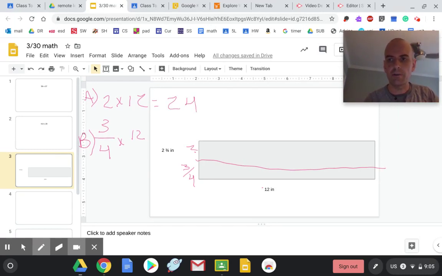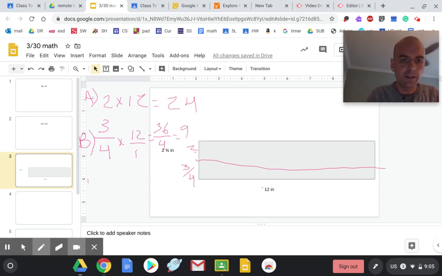3/4 times 12. Now, you have to remember there's two ways to do this, okay? One way is you can do 3/4 times 12 over 1. That would be 36/4. And then 4 goes into 36. 4, 8, 12, 16, 20, 24, 28, 32, 36. 9 times.